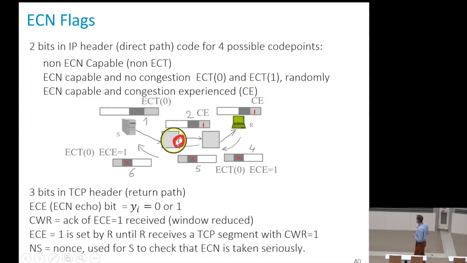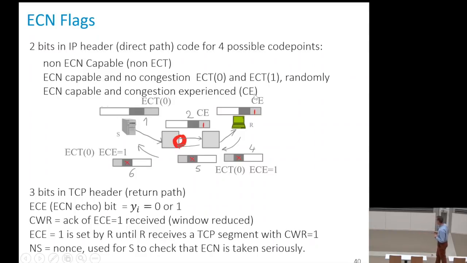When a router marks the packet, it changes those values to the value called CE. So in the case that I showed here, when the packet arrives here, the source had chosen ECT0 as the value in the header. When it arrives at the destination, the value is CE.